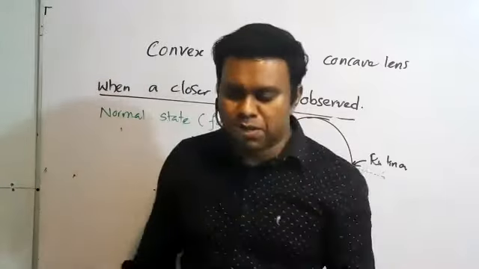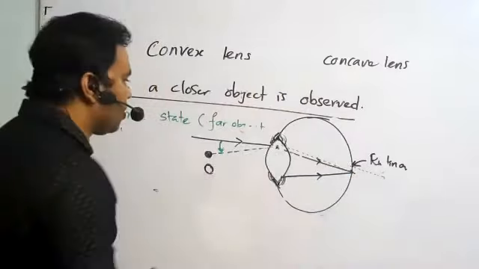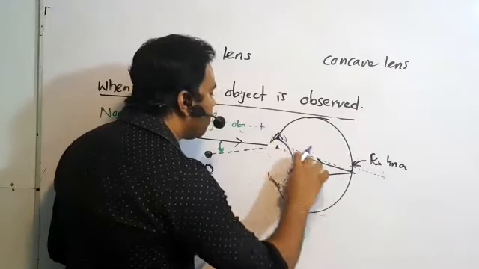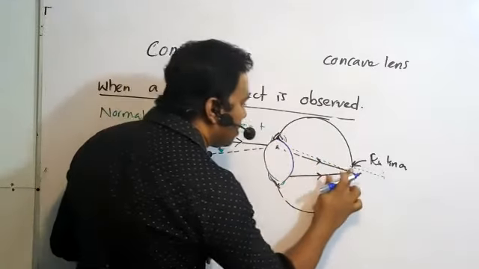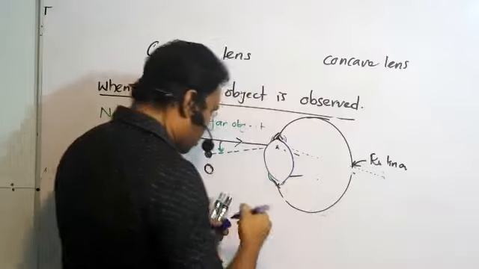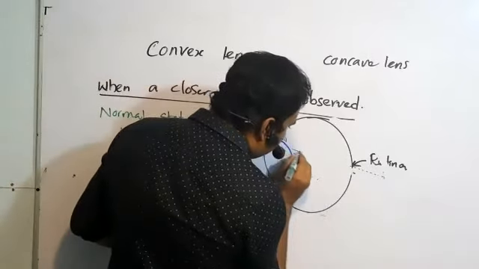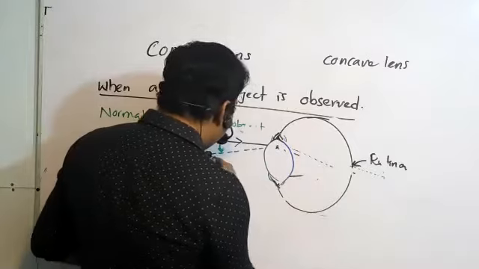Sometimes these types of things happen: too much curvature. Now what would happen? The image occurs before the retina.